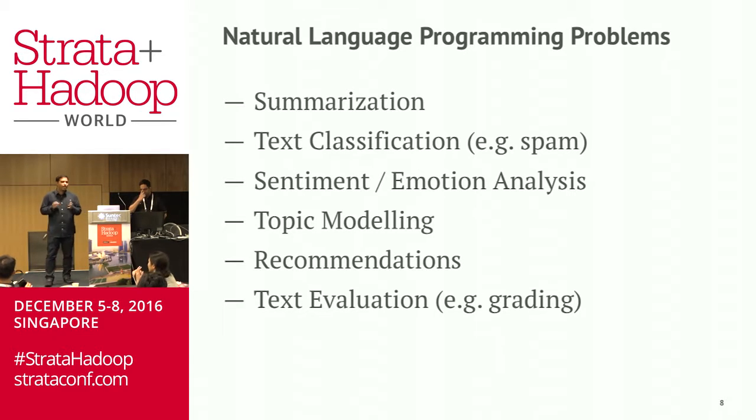Or I want to classify a text and say whether this is spam or not spam. Or, a very common exercise as you learn machine learning or NLP, I want to understand the sentiment of a sentence. And if you extend from sentiment, from positive and negative, to emotions, I want to understand more of that.